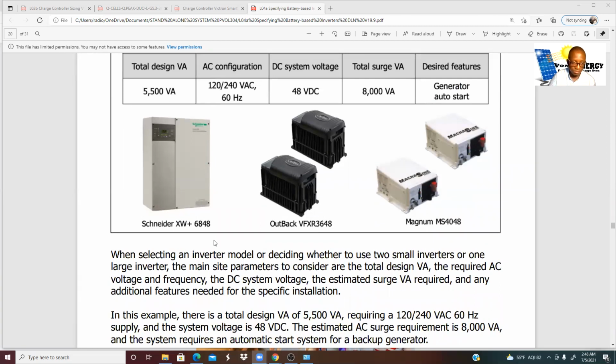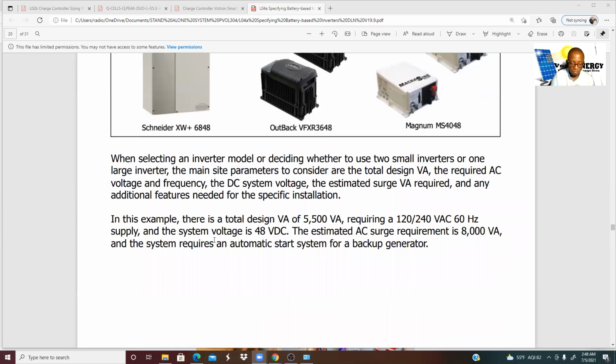So let's see. When selecting an inverter model or deciding whether to use two small inverters or one large inverter, the main site parameters to consider are the total design VA, the required AC voltage and frequency, the DC system voltage, the estimated surge VA required, and any additional features needed for the specific installation.